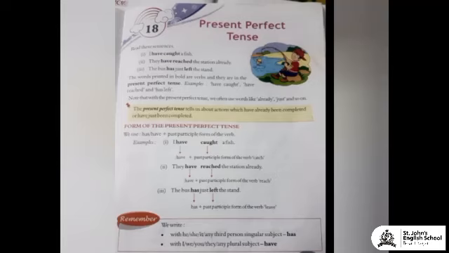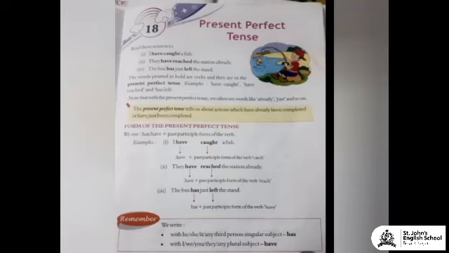With he, she, it, any third person singular subject, we use has. And we use have for I, we, you, they, and any plural subject.